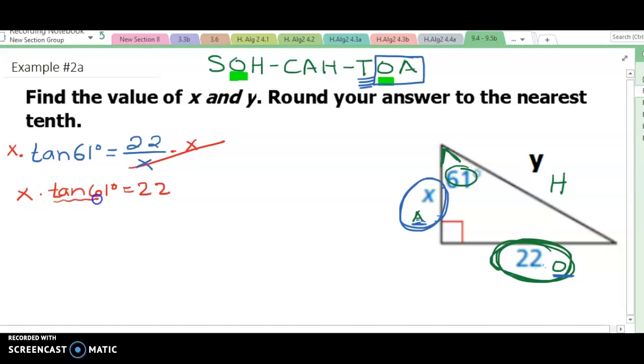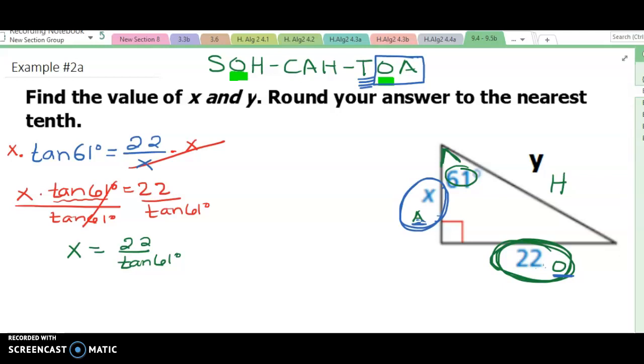Remember, tangent 61 is some value, and our calculator has that value. So just divide both sides by tangent 61. Okay, I get x equals 22 over tangent 61 degrees. And if I put that into my calculator, just like that, 22 divided by tangent 61, I get roughly 12.2.